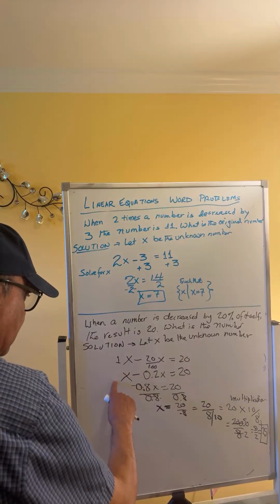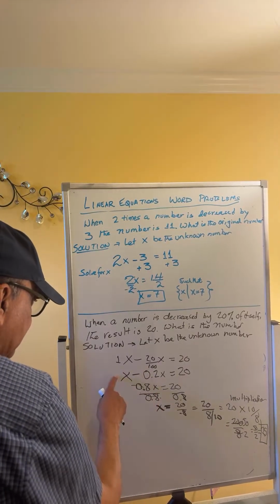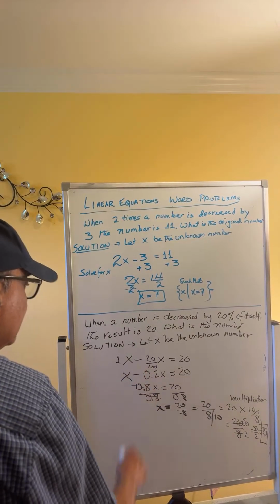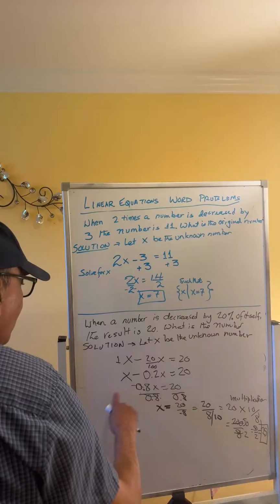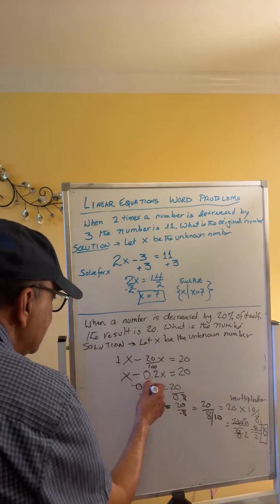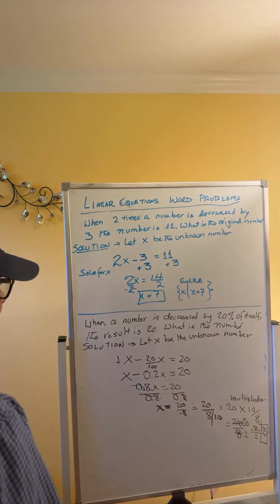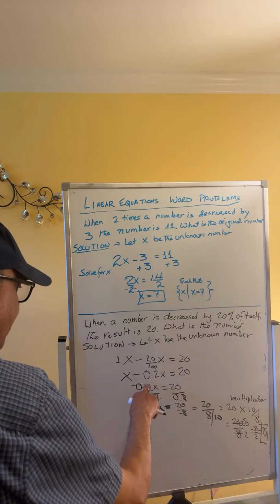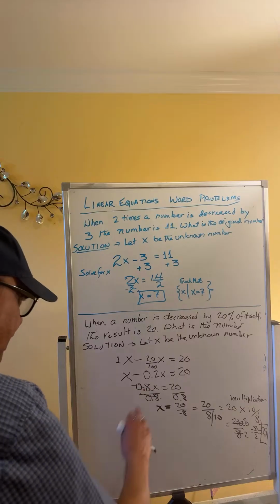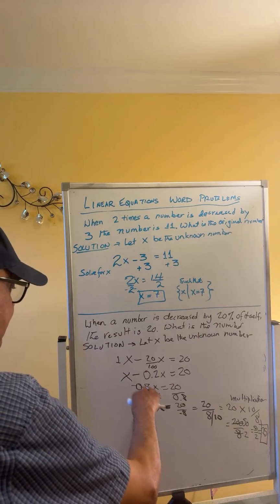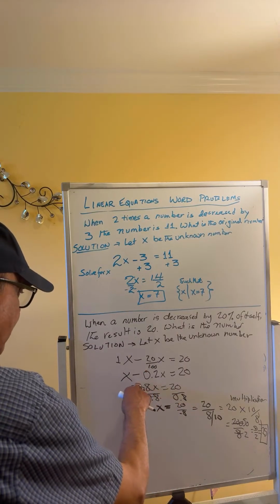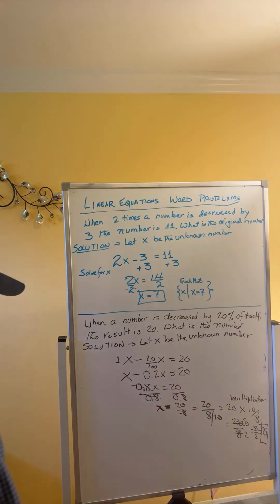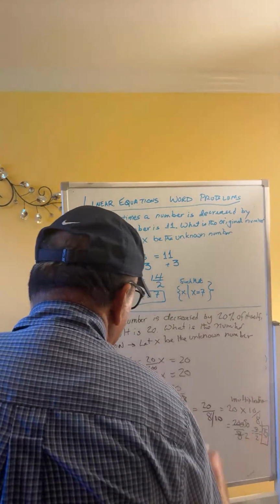We operate with the coefficients. 1 is the coefficient of x in the first term, 0.2 is the coefficient in the second term. 1 minus 0.2 is 0.8x equal to 20. We have to remove 0.8 in front of x, which is multiplied by, so do the opposite, divide on both sides. So 0.8 divided by 0.8, they cancel. x is 20 divided by 0.8. Use your calculator.